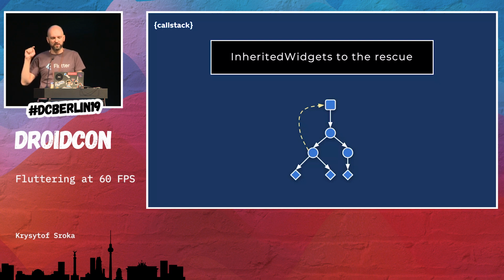Getting data from an inherited widget doesn't need to traverse the tree up. The context keeps a hash map of inherited widget types to the instances, and even if the distance between the inherited widget and the widget that uses its data is big, it's as fast as if it were a direct child.